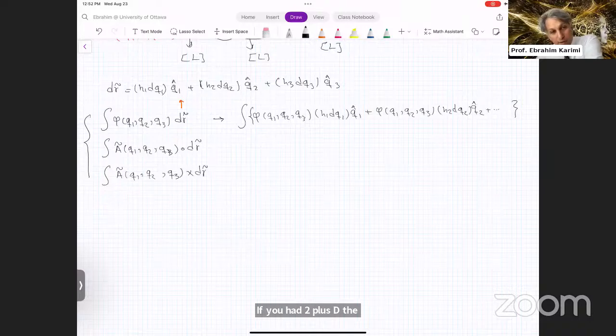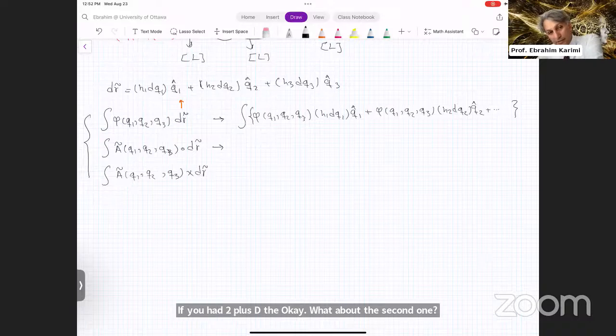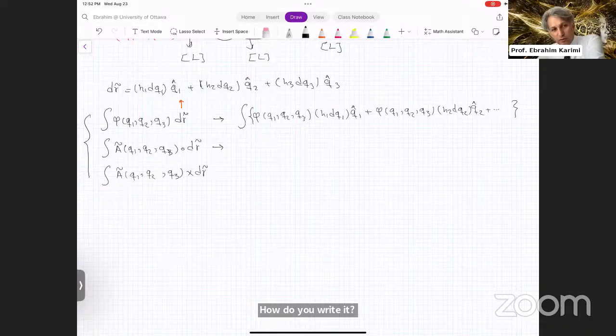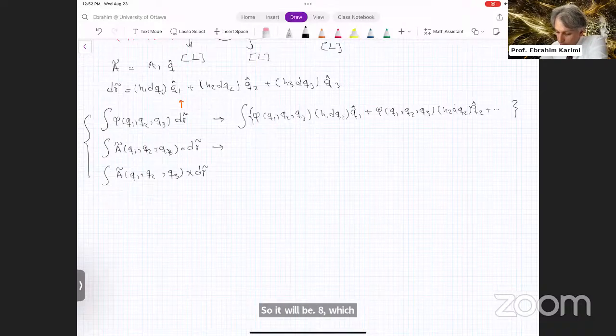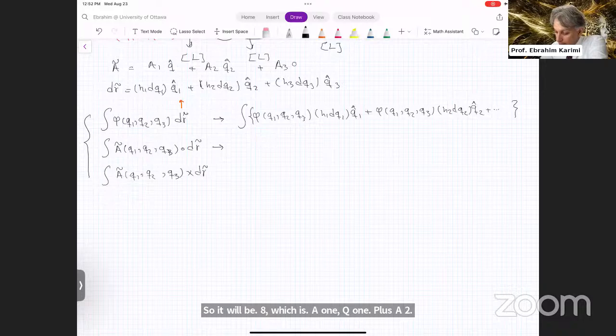Okay? What about the second one? How do you write it? It's A, which has A1, A2, A3, dot product with dr. So it will be A, which is A1 Q̂1, plus A2 Q̂2, plus A3 Q̂3.